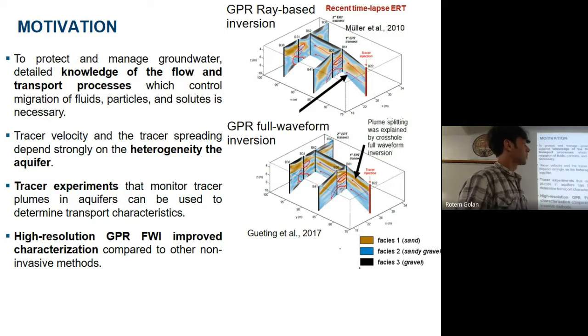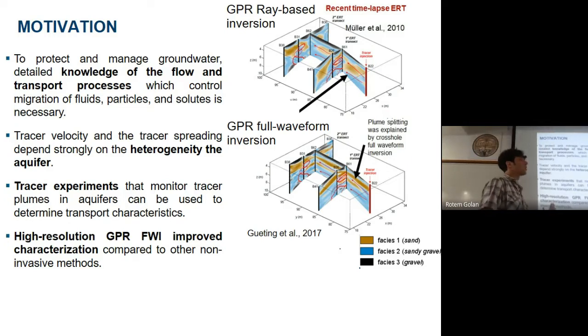What I'm emphasizing is that the characterization by full waveform inversion could explain the splitting seen by a tracer test, in red arrows, that was applied in the aquifer previously to this characterization. And the characterization by full waveform inversion is better than the ray-based.